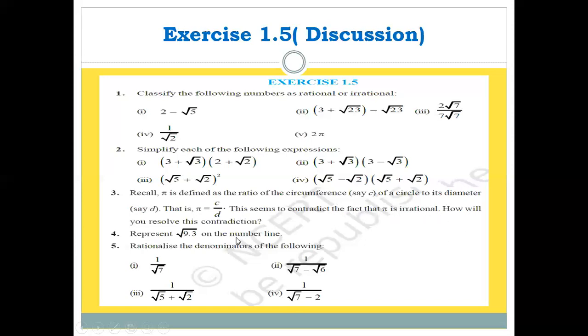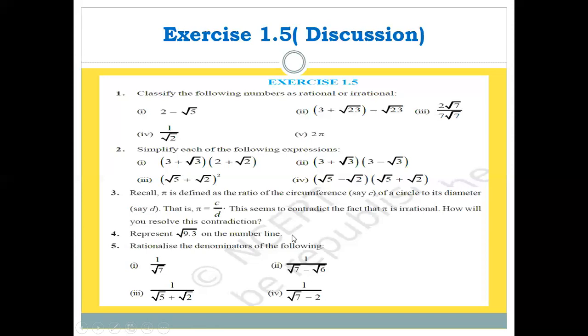How will you resolve this contradiction? Here pi is taken as a rational value. That is an assumption, the ratio of circumference and diameter. When we find the circumference and diameter of any circle of any radius, we see that their decimal representation is always non-terminating, non-repeating. So that's why we say that it is an irrational value.